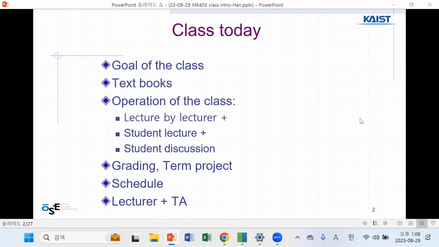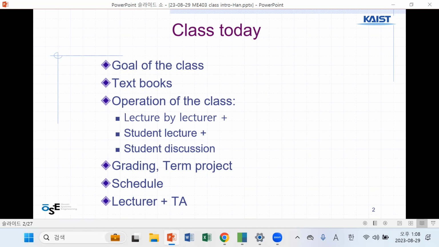So, we usually divide the one class. One class is 90 minutes, but usually we go until 75 minutes, divided into three parts, so each one can be 25 minutes. I'll do my lecture for about 20 minutes, and then one of you will give a lecture like me, another lecture of 20 minutes, and then there will be a discussion session.